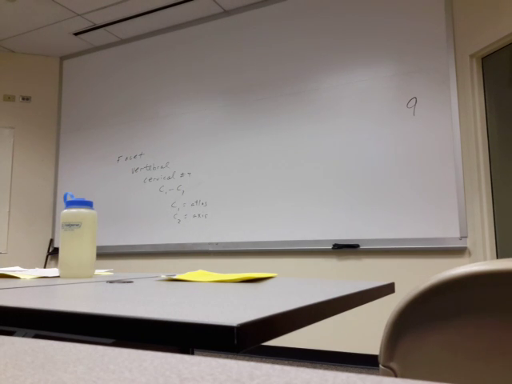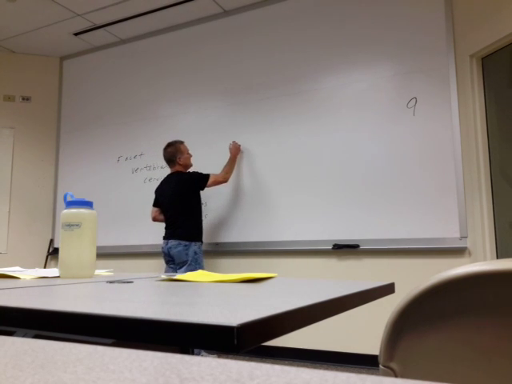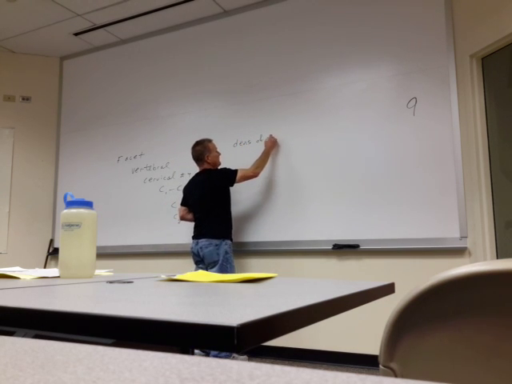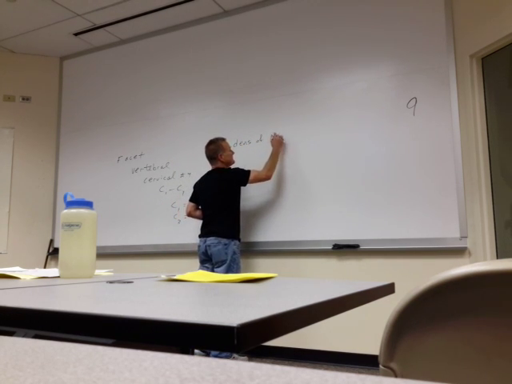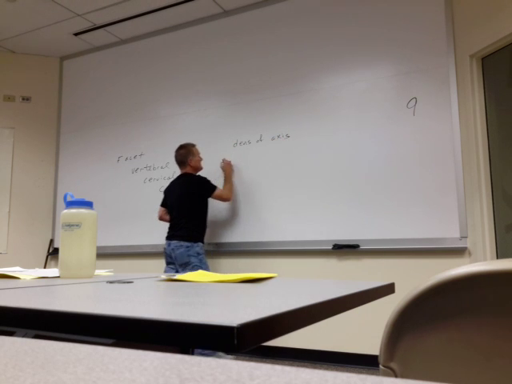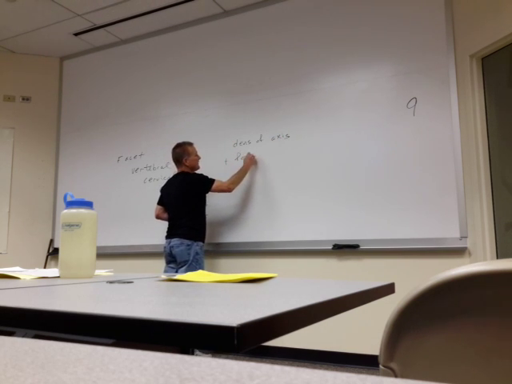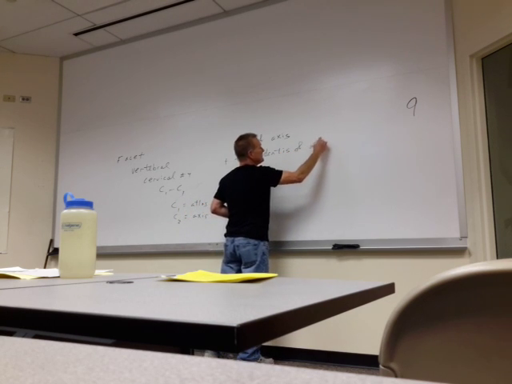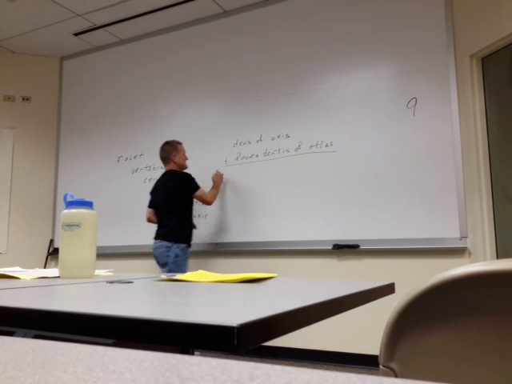So if we take a look at these two, we'll see some facets. The dens of the axis articulates with the fovea dentis of the atlas.